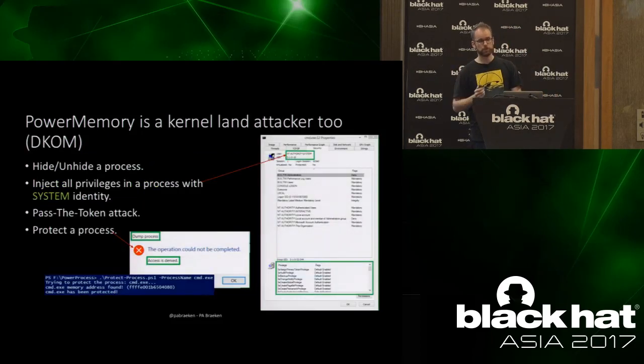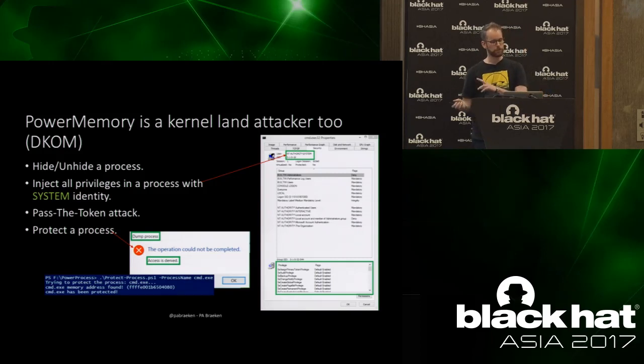But Power Memory is also a kernel land attacker, so with DKOM, direct kernel object manipulation. Basically, I made some other proof of concept to hide a process, for example, like a rootkit does. You can inject all privileges in the process. So basically, I will create a totally new token with system identity.